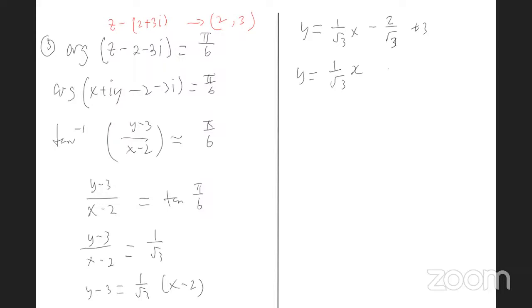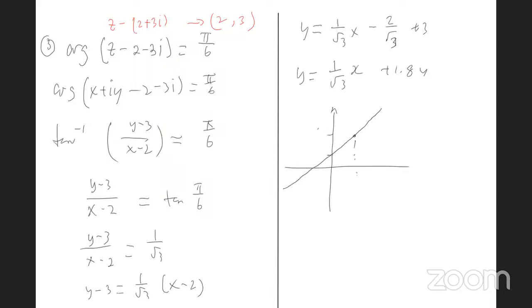I got positive 1.84, right? So the line has a positive gradient and a positive y-intercept. I'm drawing the whole line for you first. This is the y-intercept. But remember, the half line will start at somewhere here, right?